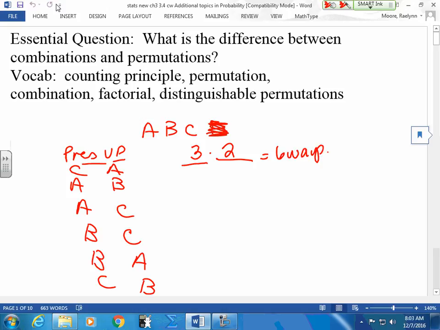Now I change my mind. I say, well, we really don't need a vice president and president. We just need this committee. We just need a committee of 2 from these 3 people. What's a committee? What would be in my committee?